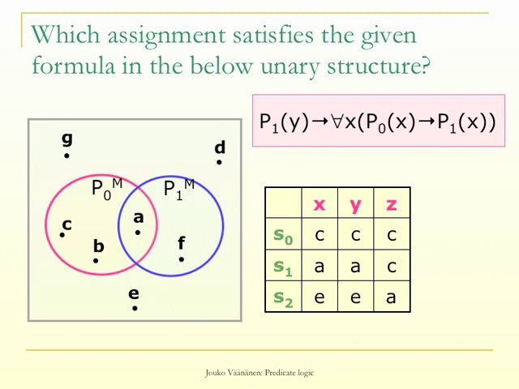The formula we are considering is an implication. An easy way to satisfy it would be to have the hypothesis false. So if we have an assignment which gives y a value which is not in p1, then the implication is certainly true. S0 gives y c, and c is not in p1, so S0 certainly satisfies.